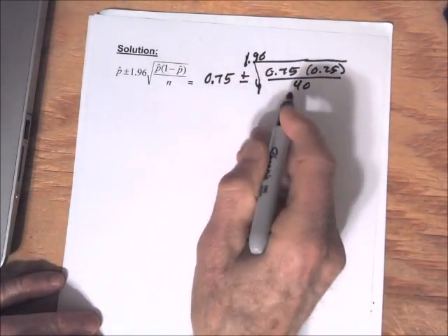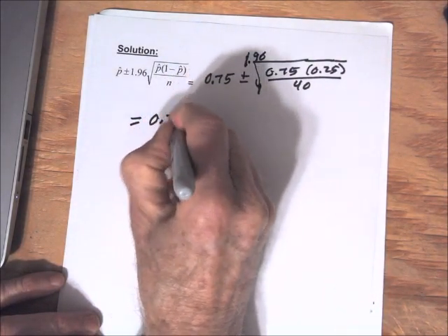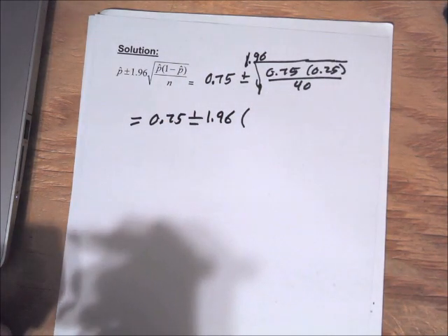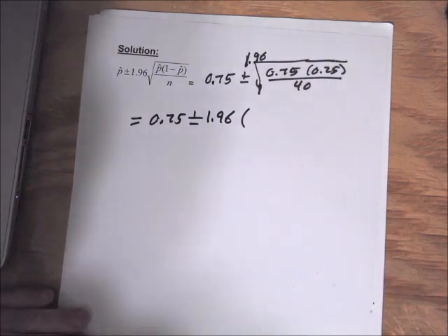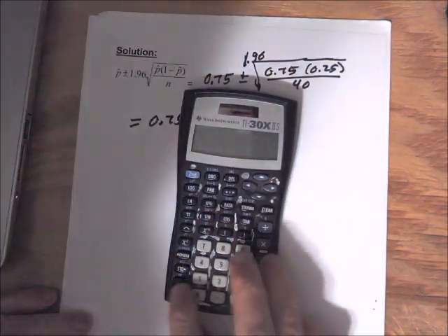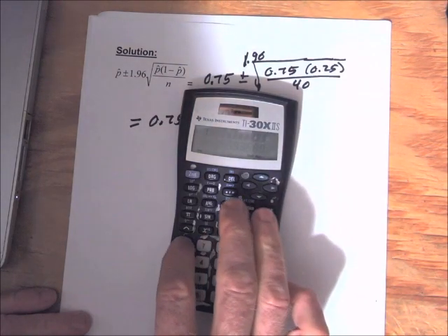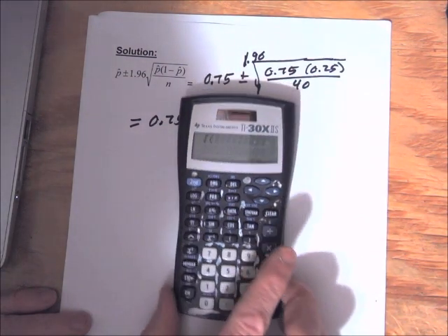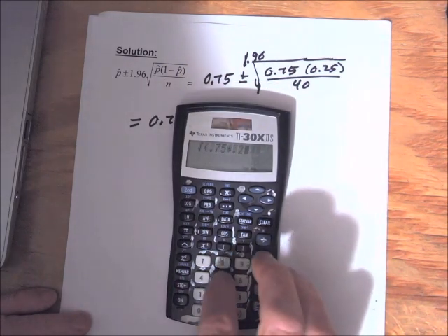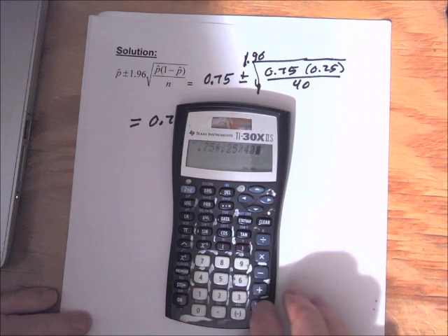I'll do what's under the square root first. 0.75 plus or minus 1.96 times the square root. To do what's underneath the square root, push the second key, and the square root is over the x squared key, and the square root symbol comes up. 0.75 times 0.25 divided by 40.